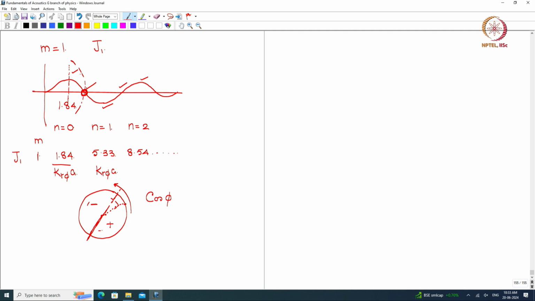So this direction gives me the diametral nodal lines, because it is cos m phi and I go around phi, and this direction gives me nodal circles.